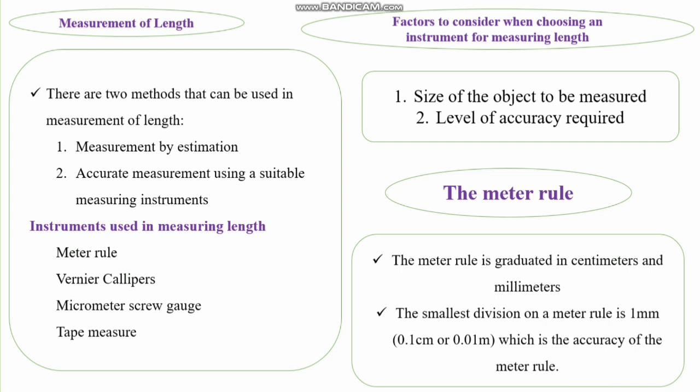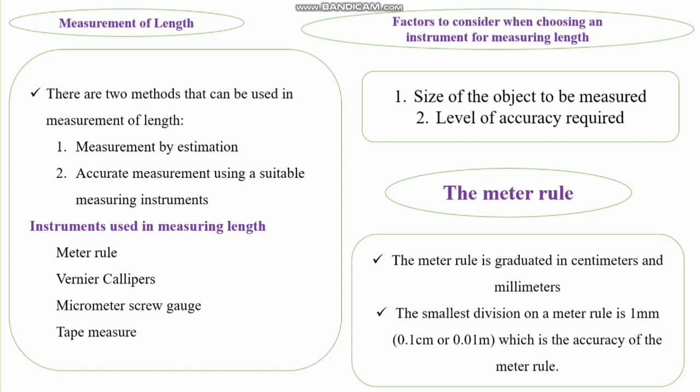If you have a meter rule, you can look at it and see the divisions. After 10 divisions we have 1 centimeter, and after another 10 divisions we have another centimeter. So one division is 1 millimeter, and that is the smallest count on the meter rule, which is the accuracy of the meter rule.